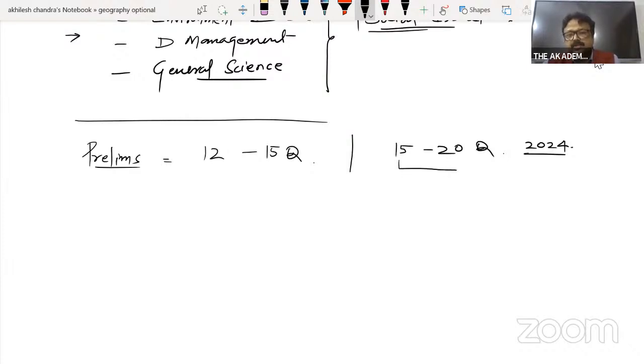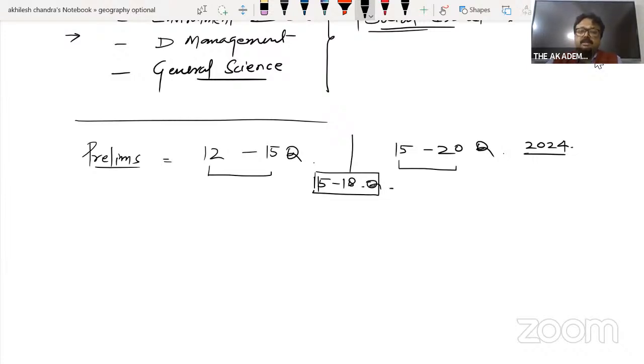So this is the maximum. This is the oscillation of minimum. But yes, if you go for average, you will get almost 15 to 18 questions that come from geography subject. This is the number of questions you will find.